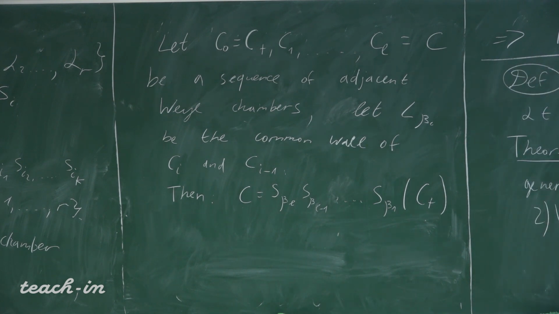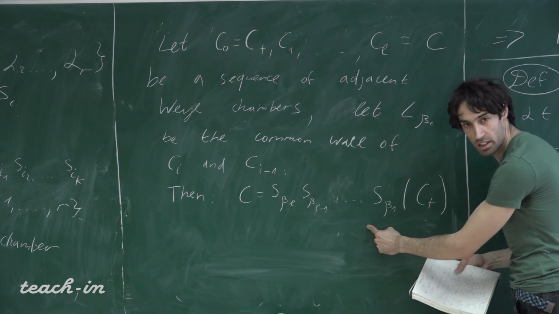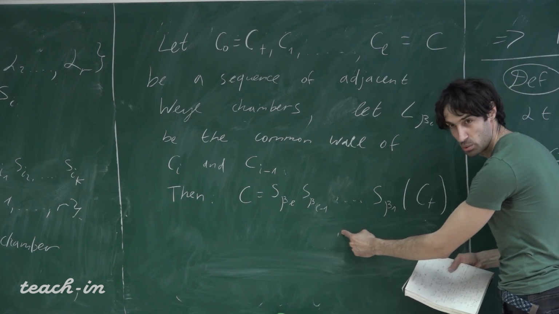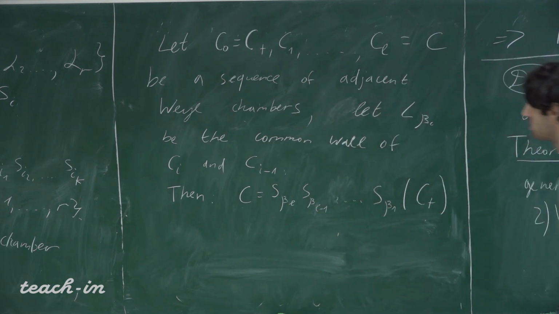Beta 1 is a common wall between C plus and C_1, right? I apply s_{beta_1}, I get to C_1. Then I apply s_{beta_2}, I get to C_2, and so on. And at the end, I am at C_l, which is C. Very well.